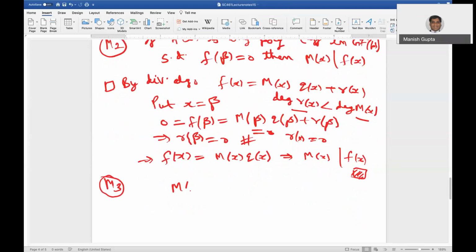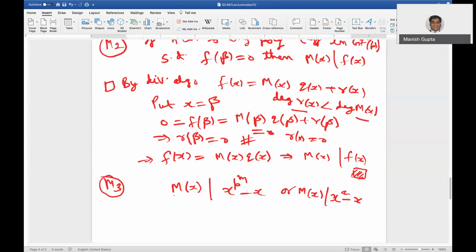m(x) divides x raised to power p raised to power m minus x. Same thing, because q is p raised to power m. Now this is true because of property 2. Why?